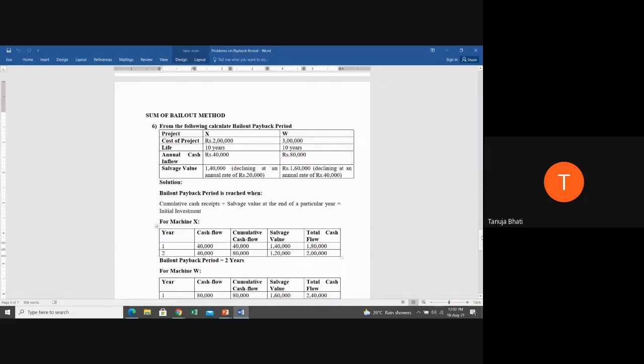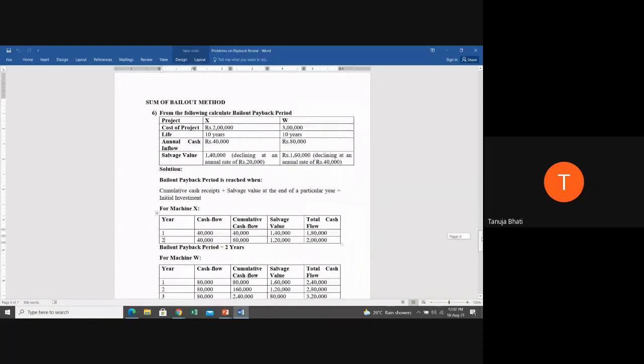Now I hope you all have understood why I did not do for 10 years. I can solve this for 10 years and keep finding for which year it is equal to your initial investment. But I didn't do that because it is a waste of time, right, students? So whenever in your exam you solve year 1, then solve year 2, then solve year 3.